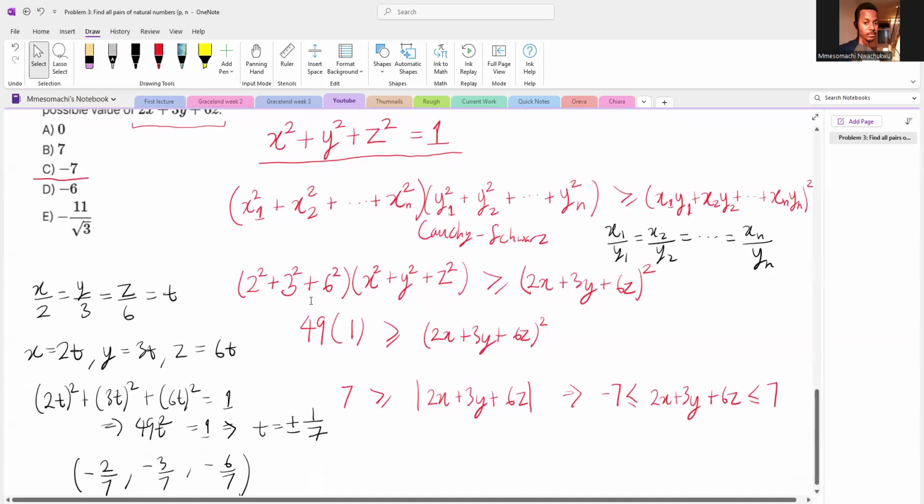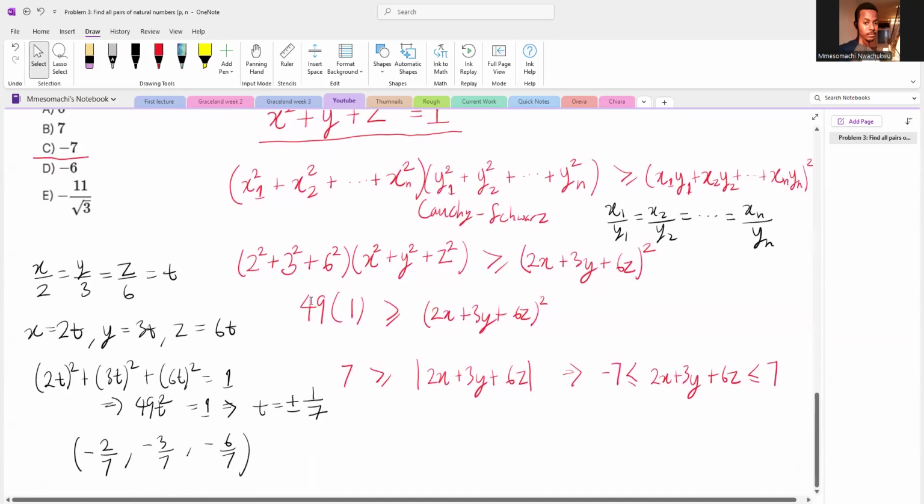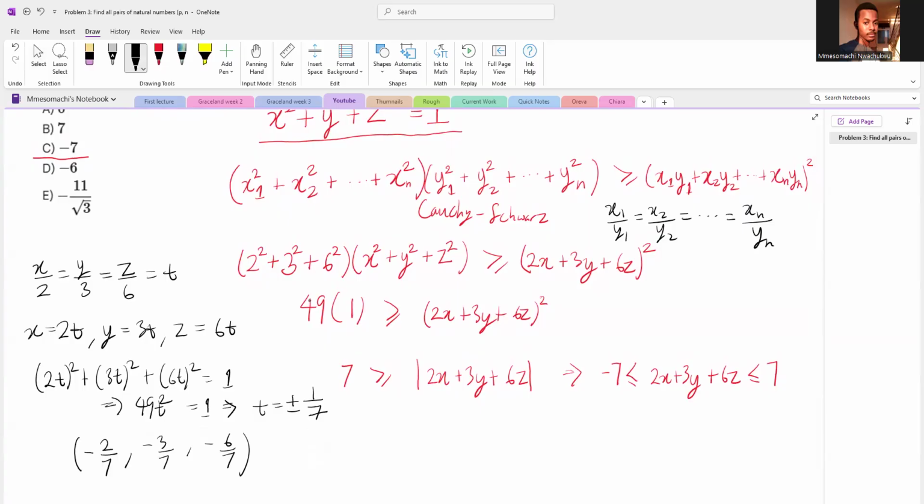So we can plug it in and actually see that it works. So 2 times minus 2 over 7, that's minus 4 over 7. 3 times minus 3 over 7, that is minus 9 over 7. 6 times minus 6 over 7, that is minus 36 over 7. Okay, this is equal to minus 49 over 7, which is equal to minus 7. Okay, so we have that equality holds at this point.